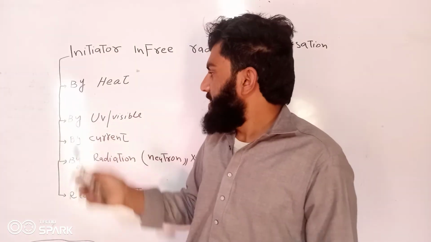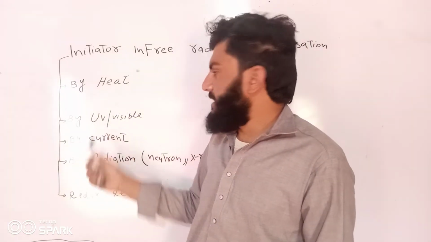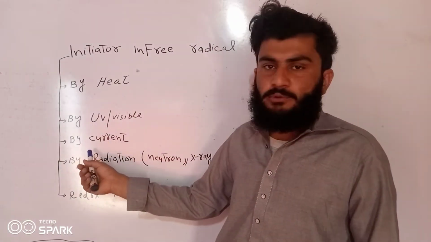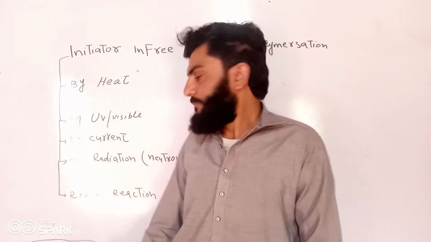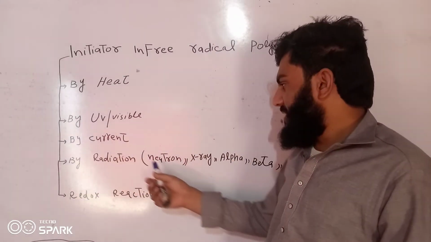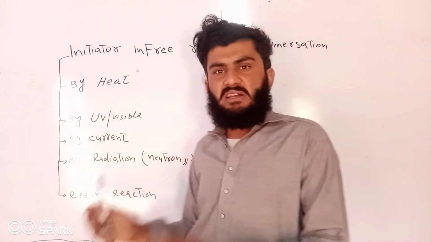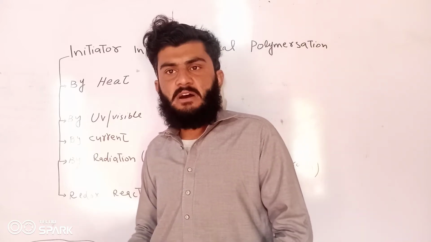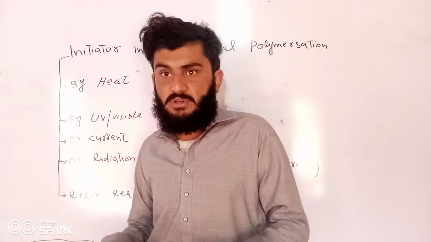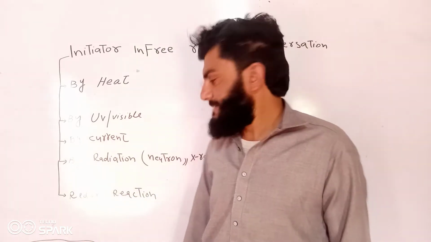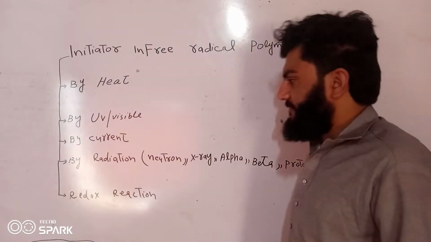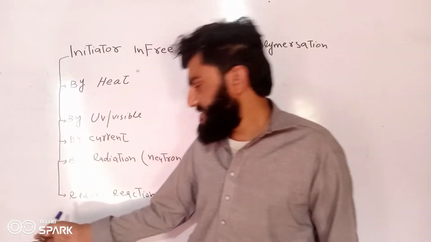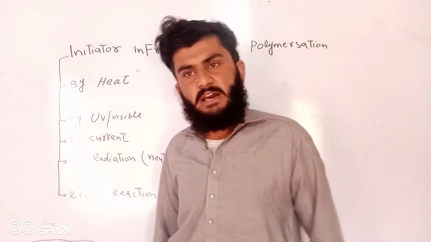We can produce initiator by using ultraviolet and visible radiation, and by using high energetic radiation, that is alpha radiation, beta and gamma and or neutrons, and maybe protons. And we can produce free radical by using redox reaction.